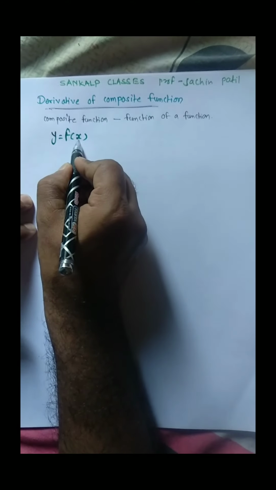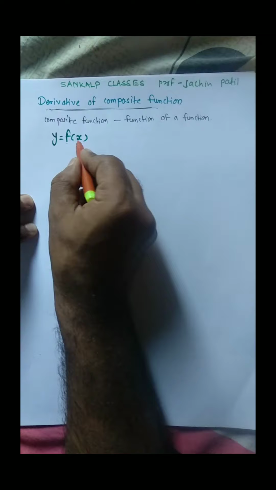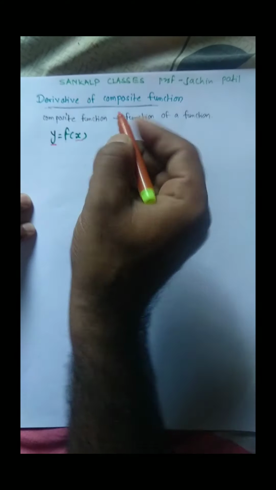In the first lecture of this derivative series, we learned that x is an independent variable and y is a dependent variable, and f is the operation performed on the variable x. So y is equal to f of x is a function, where x is an independent variable and y is a dependent variable.